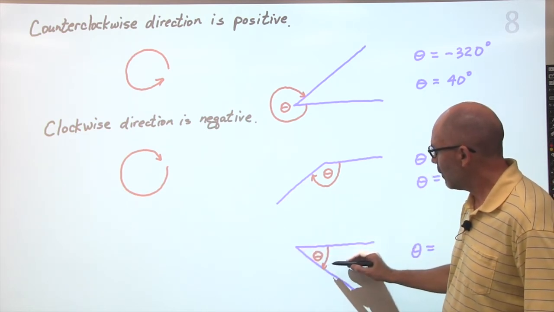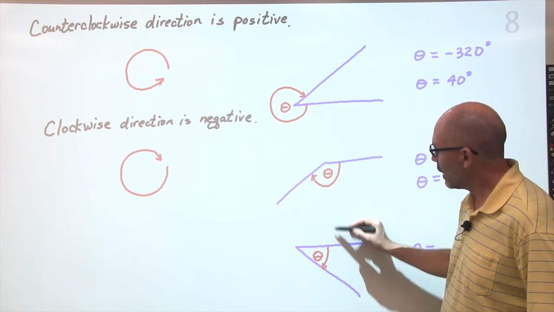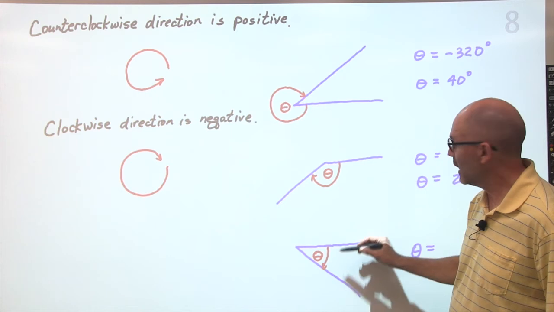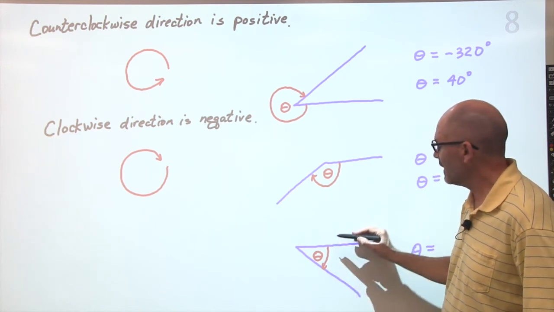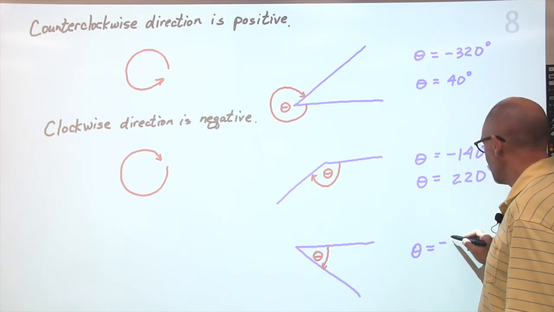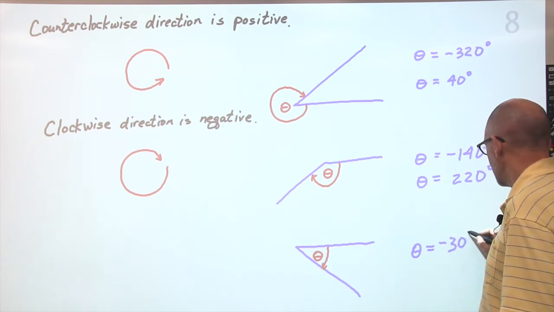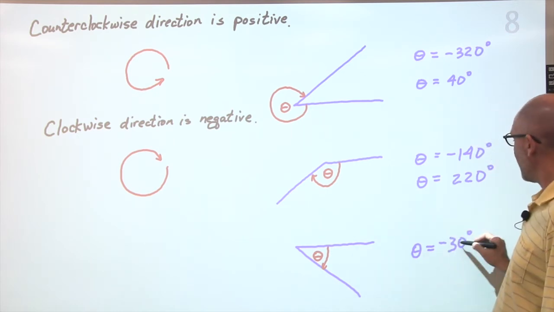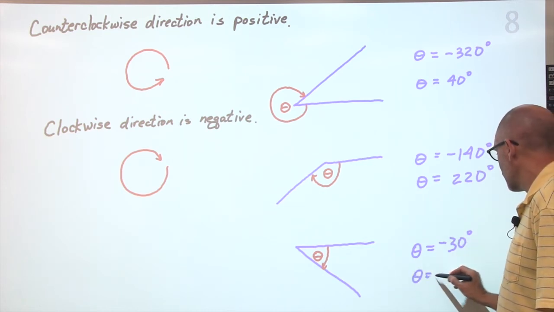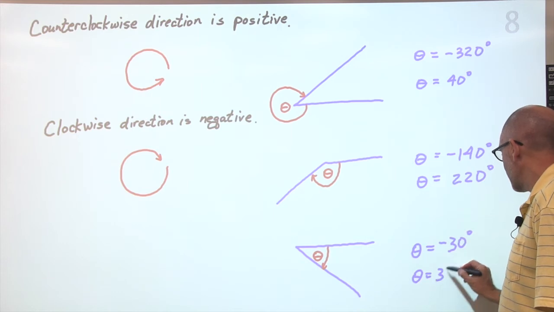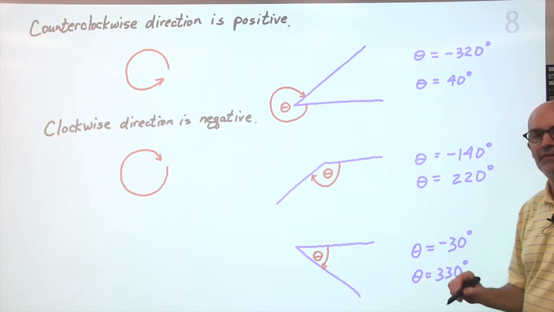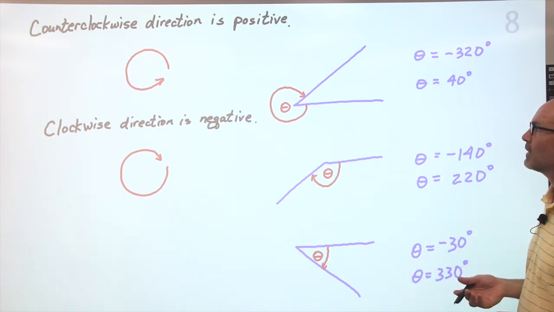Well, now, instead of going around counterclockwise in the positive direction, I'm going clockwise in the negative direction, so this just becomes negative 30 degrees. So if I add 360 to that, then I could have theta equals 330. So 330 and negative 30 are coterminal angles.